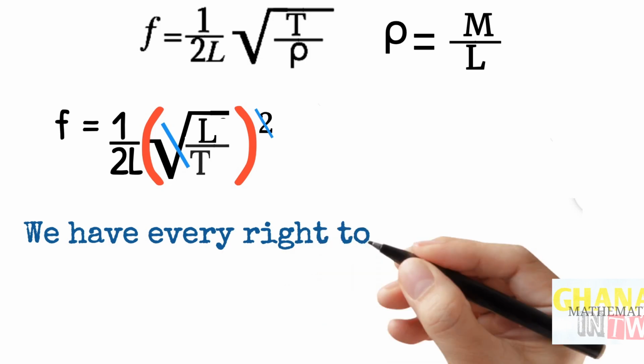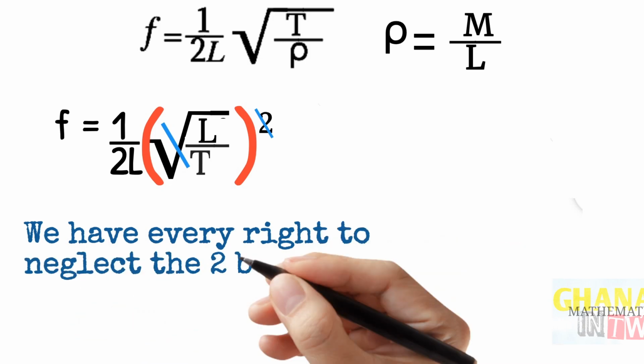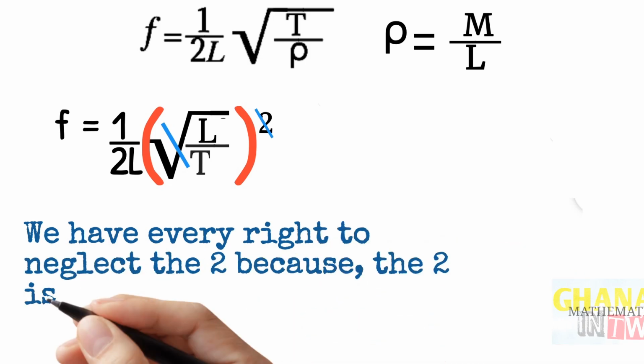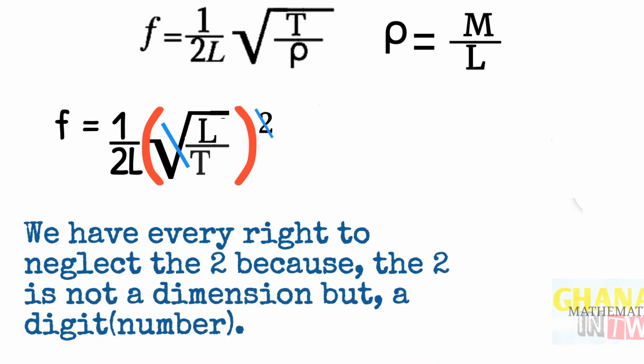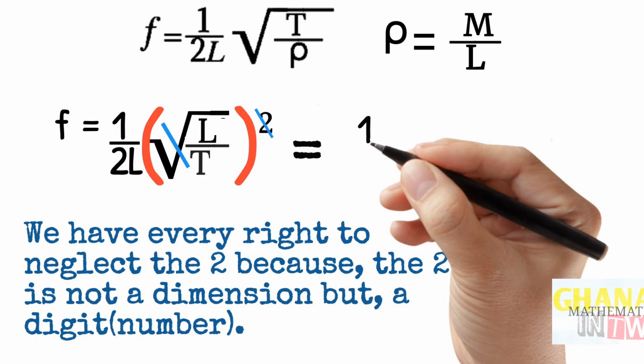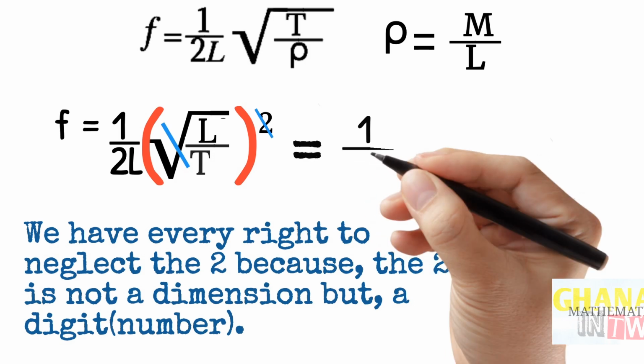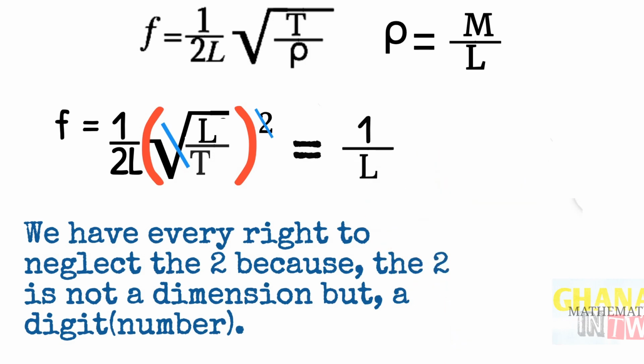So now F equals 1 over 2L times L over T. But we have every right to neglect the 2 because the 2 is not a dimension but rather a digit, value, figure, or number. So we can just put it aside and deal with the dimensions. So it will be 1 over L, since the 2 is no more there, multiplying L over T.